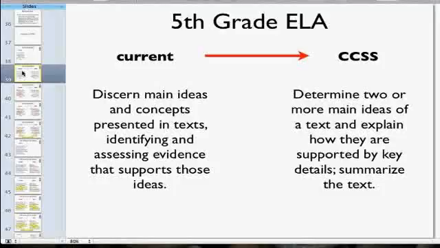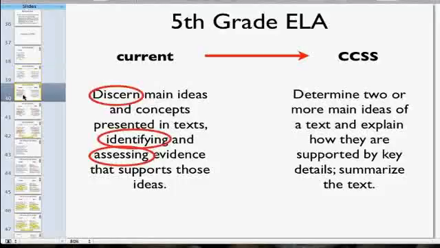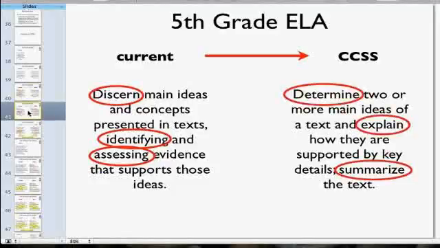So determine 2 or more main ideas of text, and explain how they're supported, etc. So when you take a look at this from a cognitive viewpoint, I want to point out just a couple things. One is the words, the descriptors of what students will need to do. So we go from discern, which is somewhat vague, to determine, identify and assess, to explain and summarize.